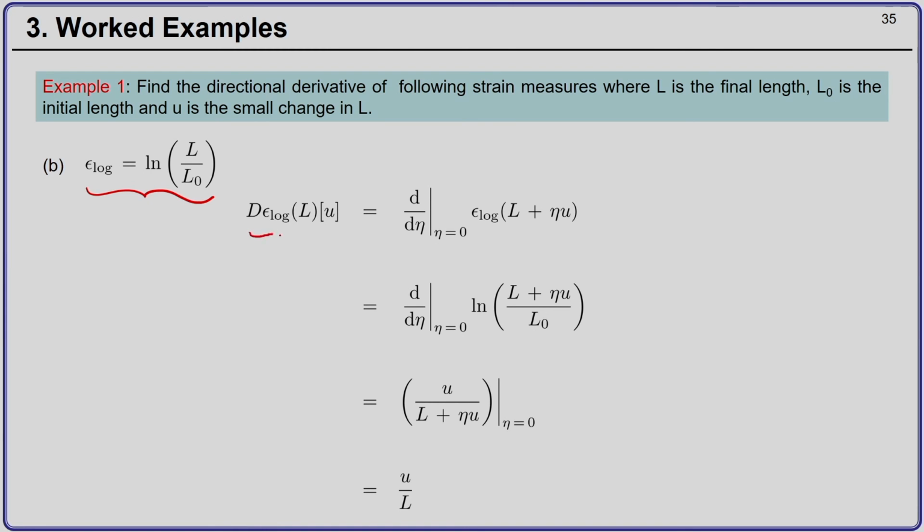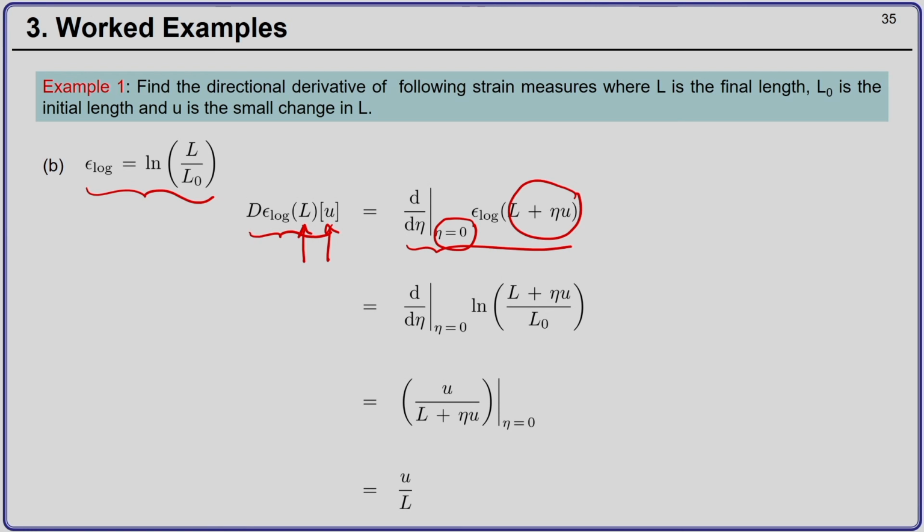So, d epsilon log, the logarithmic strain at L in the direction of u, will be equal to d by d eta of the logarithmic strain evaluated at L plus eta u, and then substituting eta equal to 0.